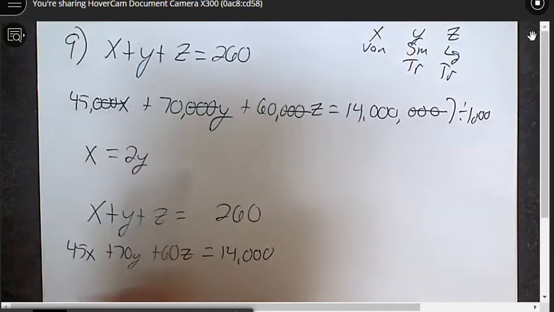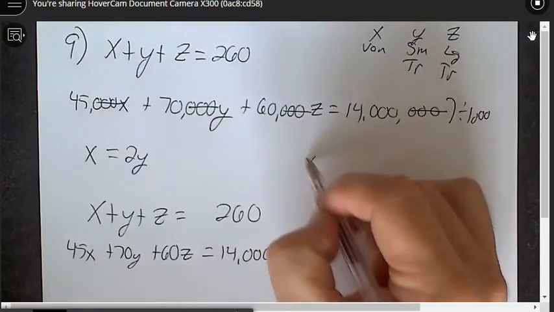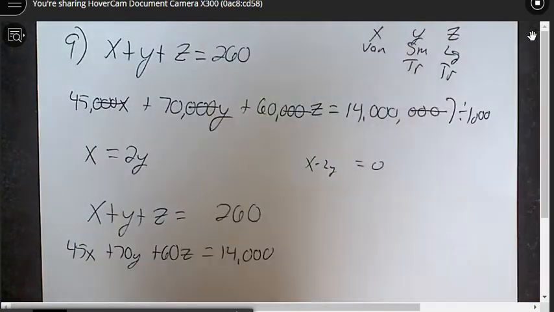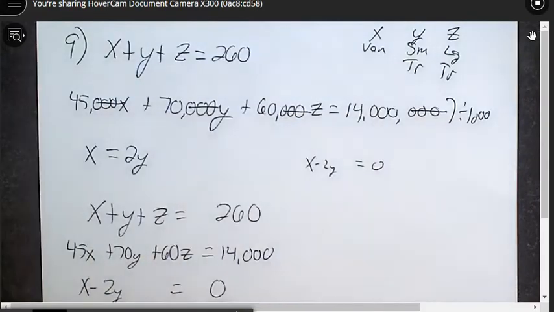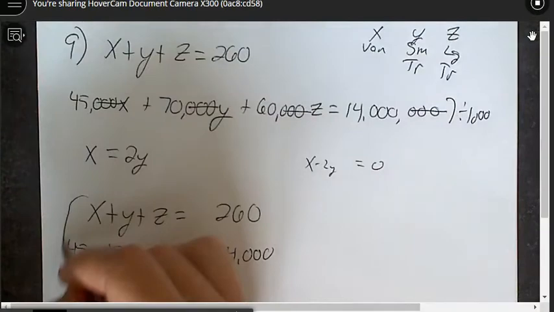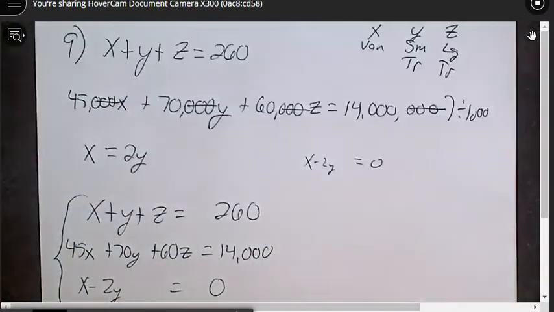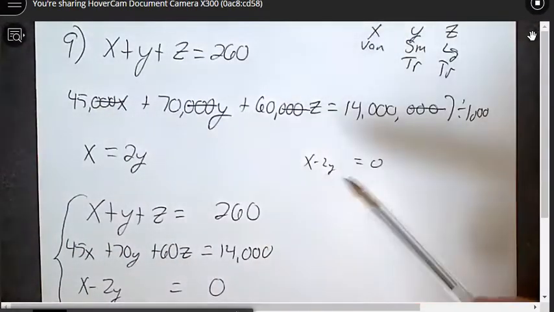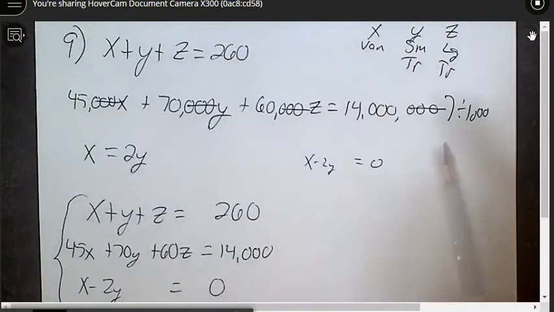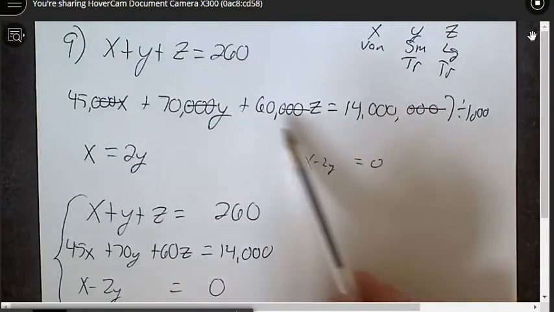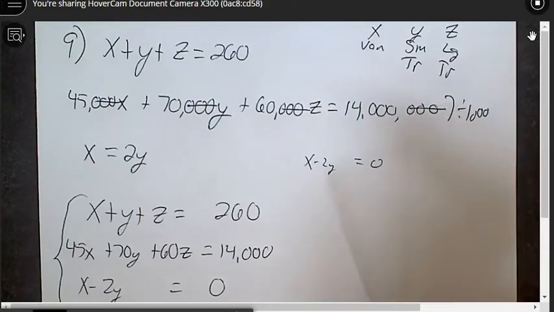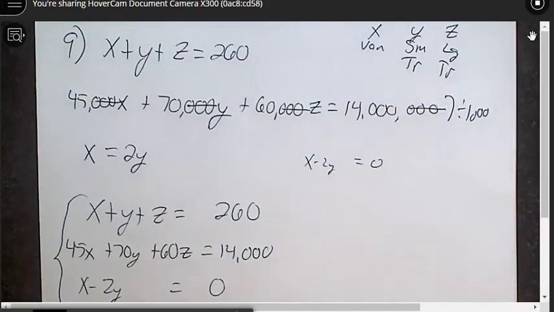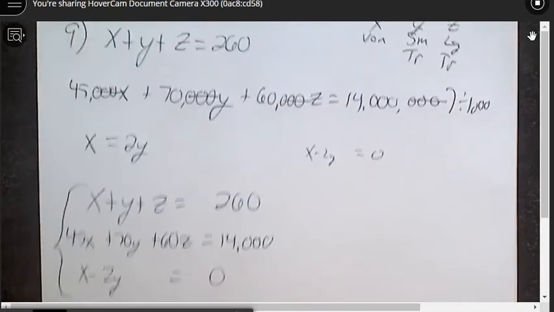And then the last thing we need to do is rewrite this so it's x minus 2y equals 0. So that's really the system we're going to work with. You could work with the huge numbers back up there, but if you see they all have multiple zeros at the end, you can just cancel off the same number of zeros from each equation and be okay.